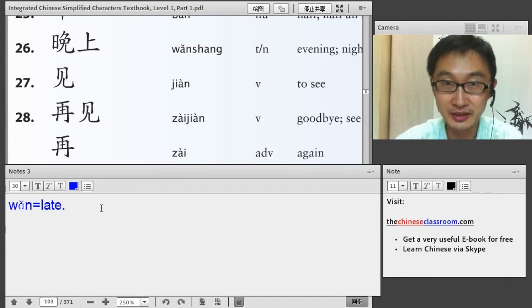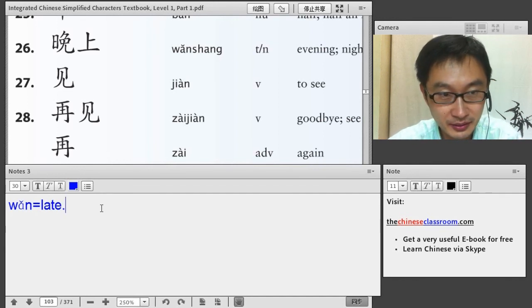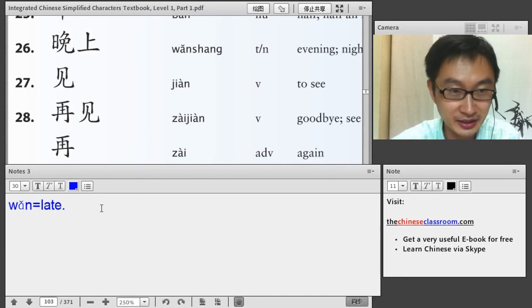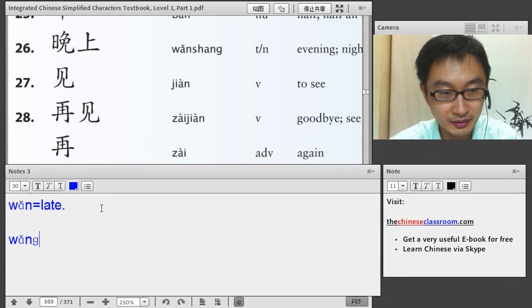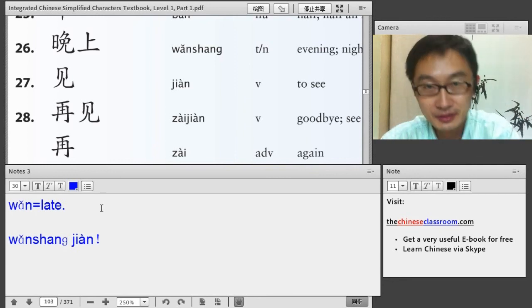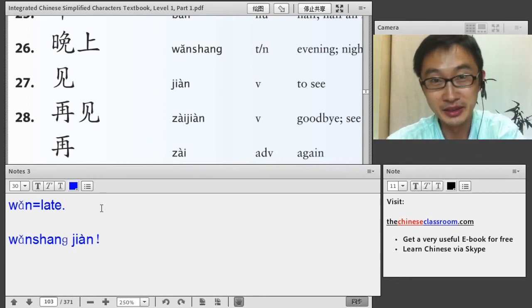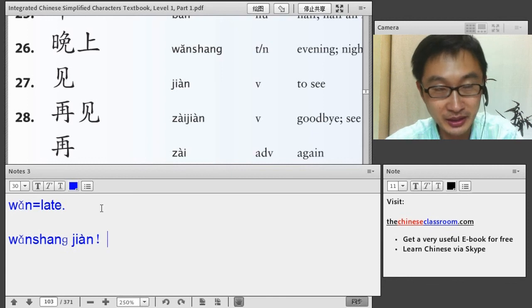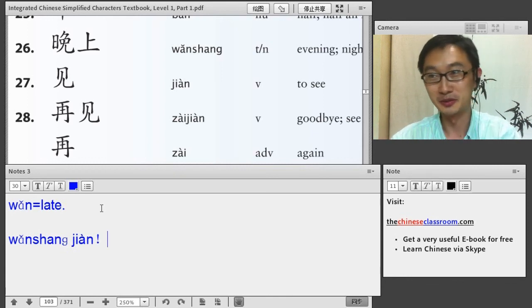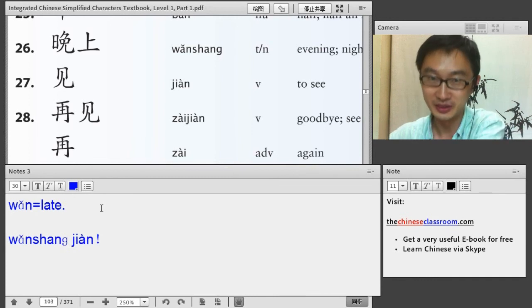见 is to see, to meet somebody. Normally, when you say see you tonight, how do you say it in Chinese? We say 晚上见. Remember, we always put doing something at the end. First, we say time, location, then we say do what.